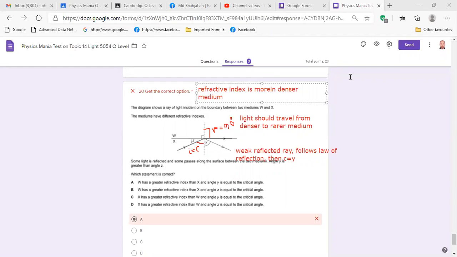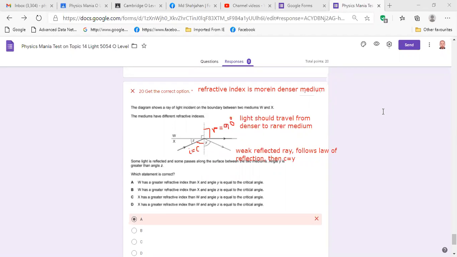Which one is your answer, A or C? From this information, now you can get your answer.